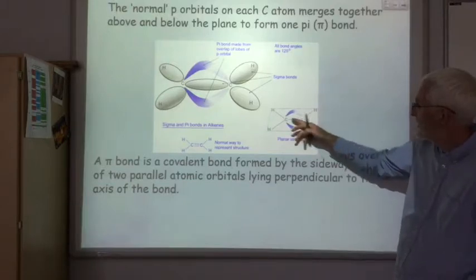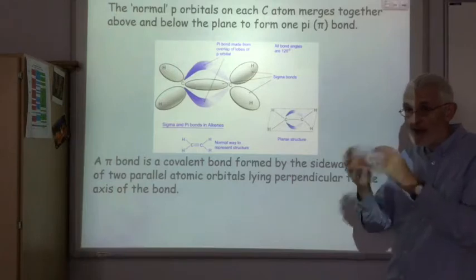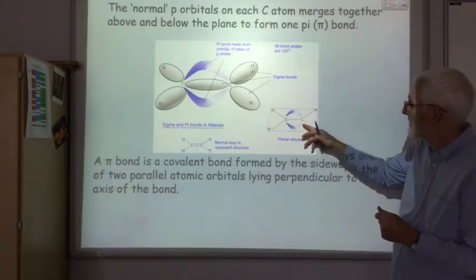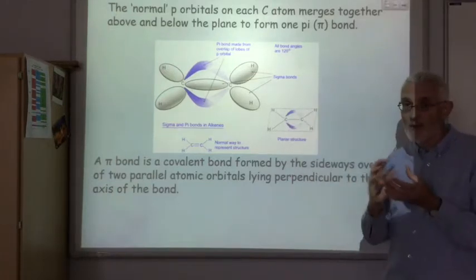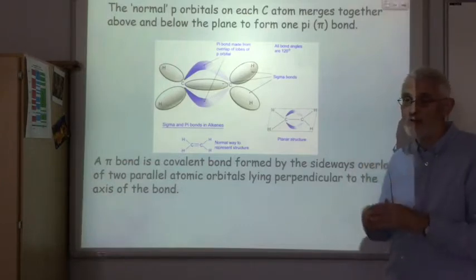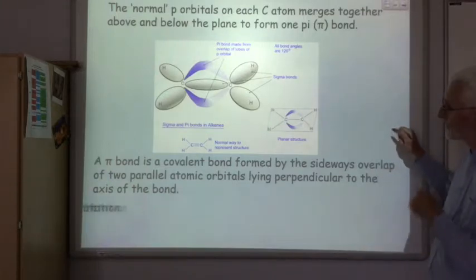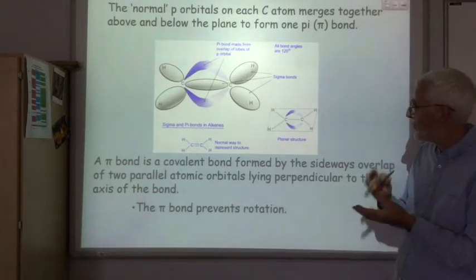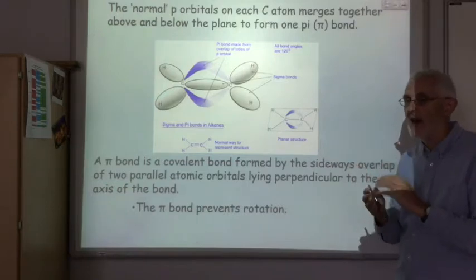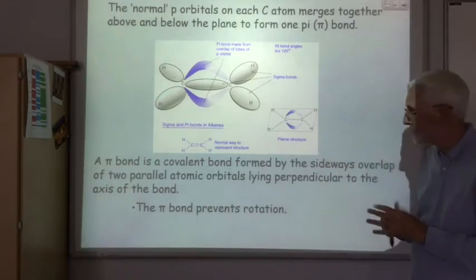All the carbons and hydrogens lie in a plane. It can't rotate, however, because of the pi bond. The pi bond stops rotation, so it doesn't rotate round the way an alkane would. Okay. So the pi bond prevents rotation, and that will be important when we look at stereochemistry in section 2.3. We'll come back to that.